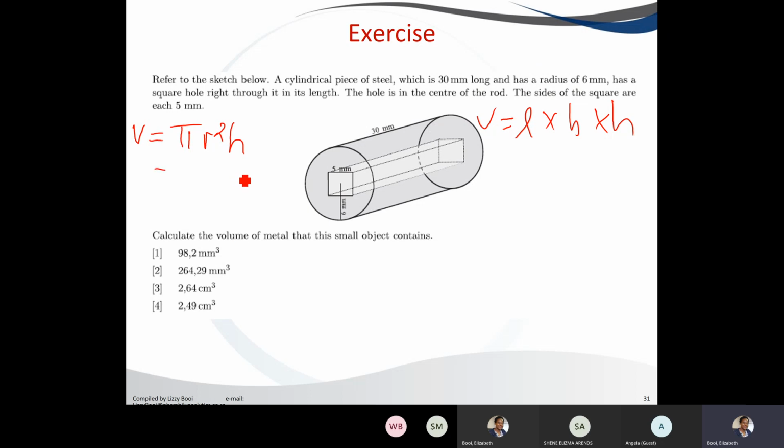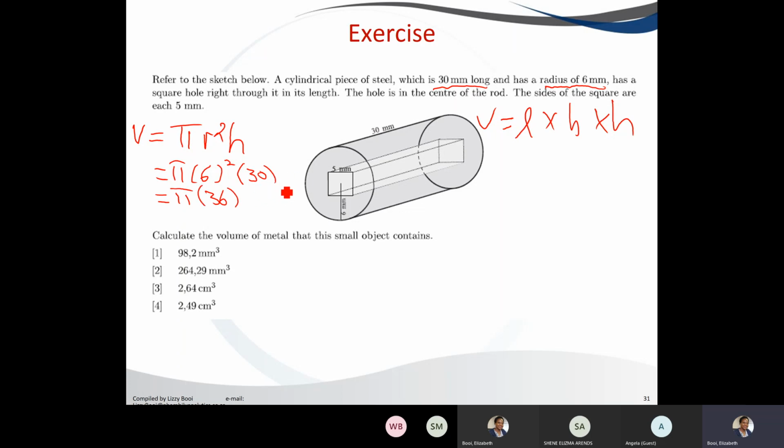We say pi times the radius squared. We know our radius is 6 centimeters because they told us, so we substitute 6 squared. And our height is 30, so this will be pi times 36 times 30. And if we remember, this is in millimeters.